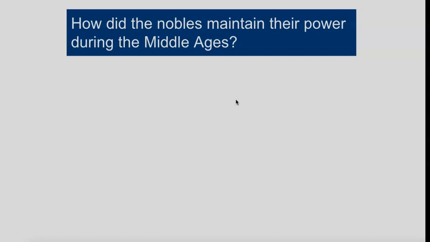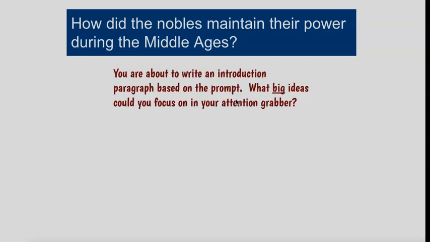I'm going to talk you through the three major parts of an intro and how it might look for this question. Remember that your first part is an attention grabber. This is where your goal is to hook in the audience's attention.